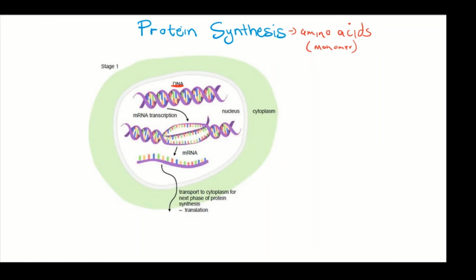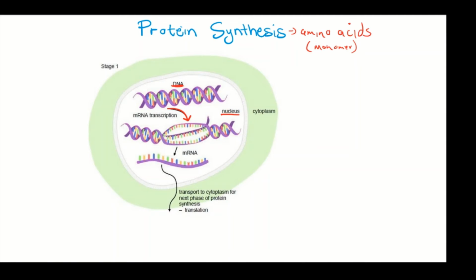So this is our DNA here, which is a double helix. It is inside our nucleus, and due to the presence of enzymes inside this nucleus, they're going to break the bond of the DNA, which you can see here.